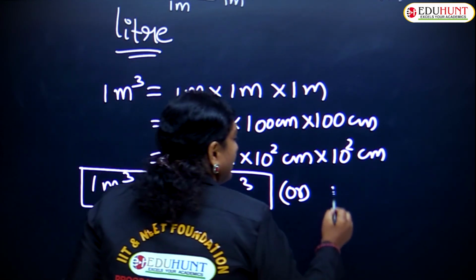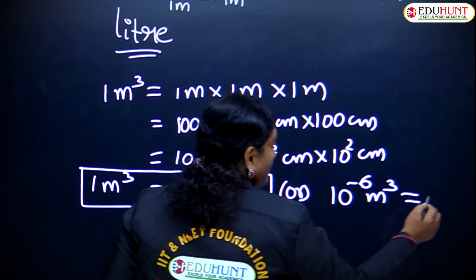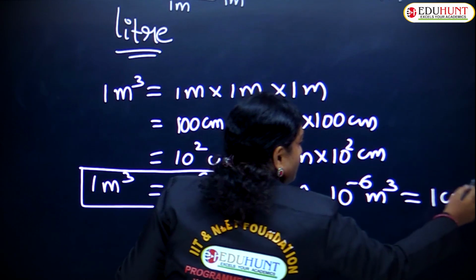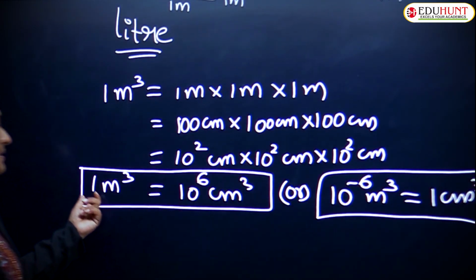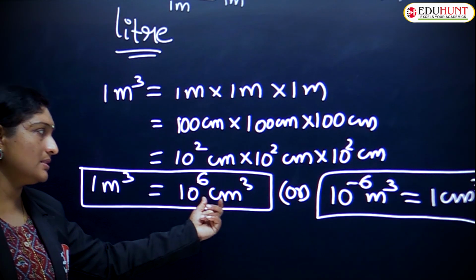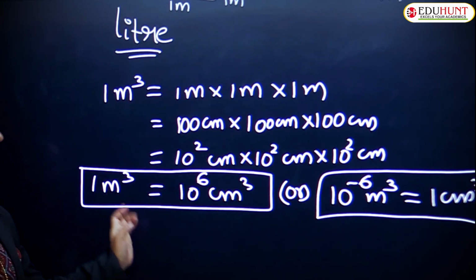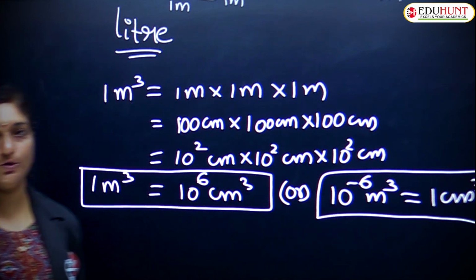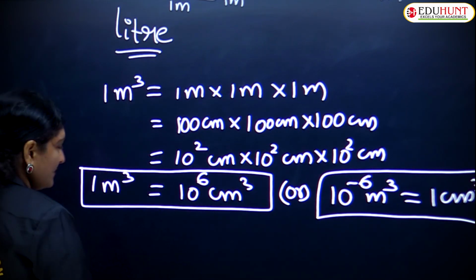Hence clearly 10 power minus 6 meter cube is equal to 1 centimeter cube. Both are same, children. 1 meter cube is equal to 10 power 6 centimeter cube, or 1 centimeter cube is equal to 10 power minus 6 meter cube.